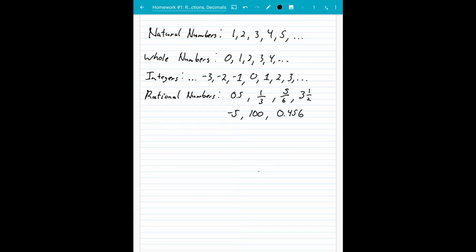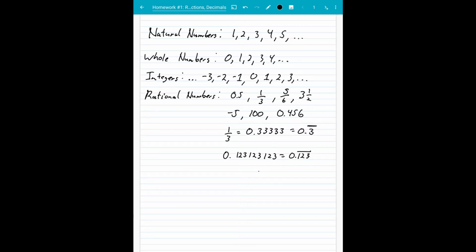Other examples of rational numbers are repeating decimals, ones that have patterns. As you know, 1/3 equals 0.333 repeating. It goes on forever. And we write this as 0.3 with a line over the 3. The line over the 3 means the 3 repeats. So if I have a number like 1, 2, 3, 1, 2, 3, 1, 2, 3, we can see that the 1, 2, 3 is what's repeating, so we can write that with a line over 1, 2, and 3.